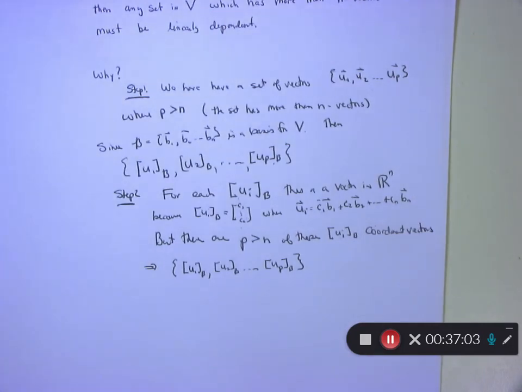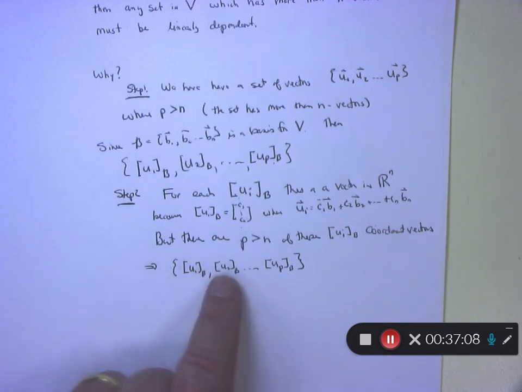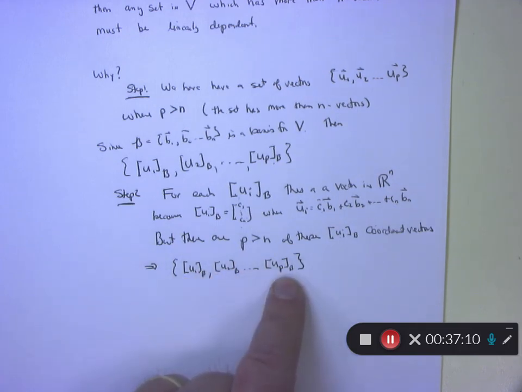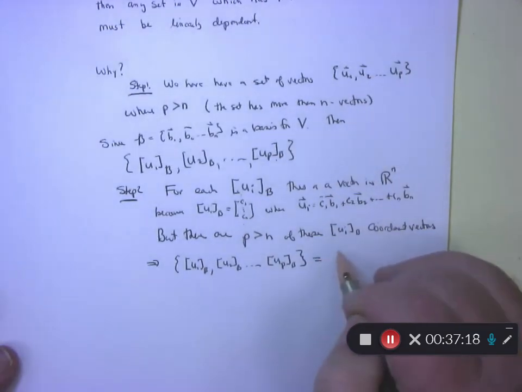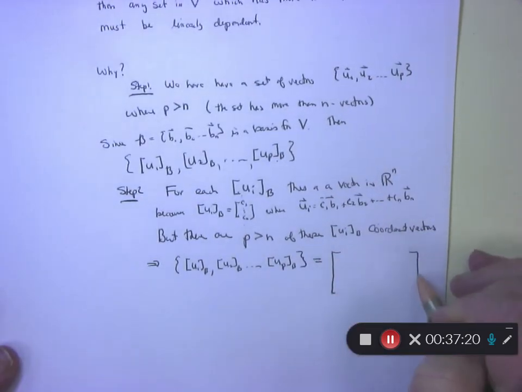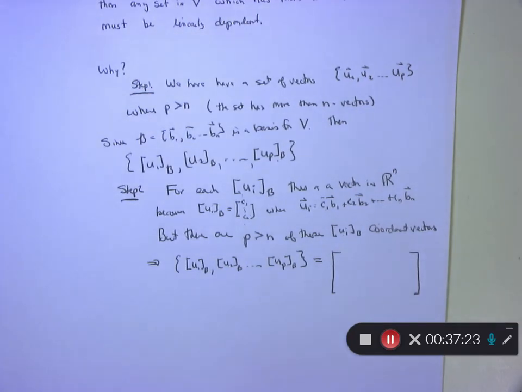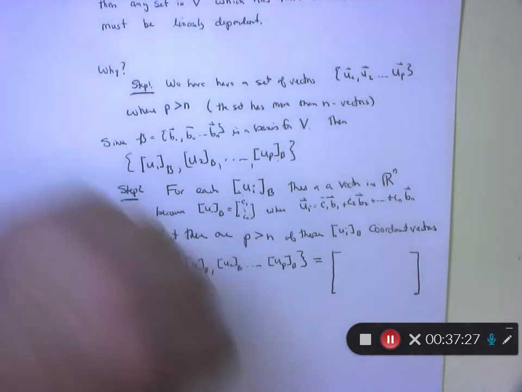See, now we're back in our happy space of Rn. Each one of these vectors has n components, right? And how many of them do I have? P of them. So if you wrote this as a matrix, what size would it be? These are column vectors.